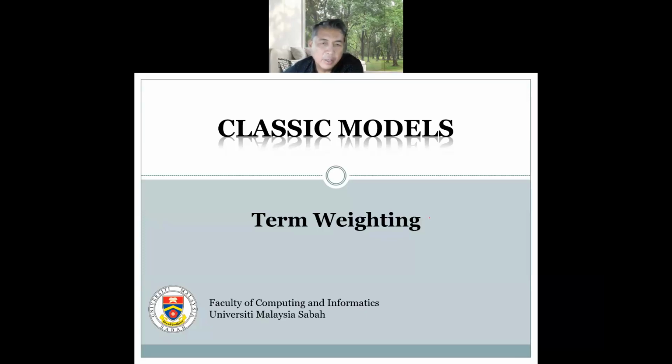What does term weighting mean and how do they use the weighting to rank the documents? In the Boolean model, we only look at the occurrence of the term in the document. But term weighting here refers to the frequency of the occurrence, how many times the term exists in the document.